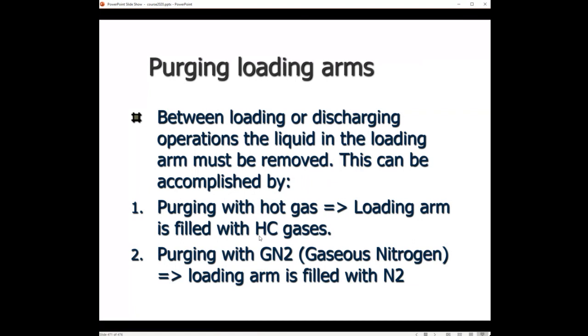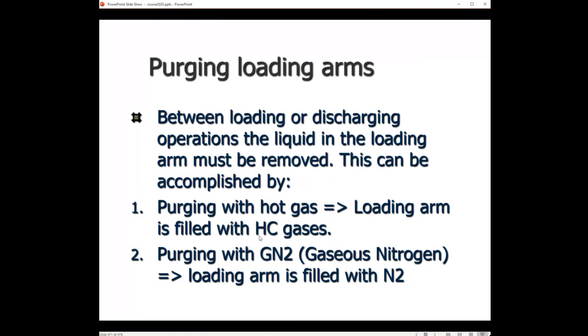Then you can close the manifold valves and you can warm up the small piece of line in between the two ESD valves, the ESD valve from shore and the ESD valve on the ship side.